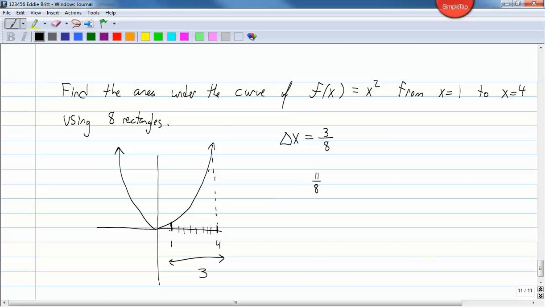So you're starting on the left side, your first x would be 1, but then your next x will be 11/8. Then to get the next one, you add 3/8 again. So that would be 14/8. Add 3/8 again, 17/8. You keep doing that, and you should end up at 4. If you don't end up at 4, then you have not added correctly.